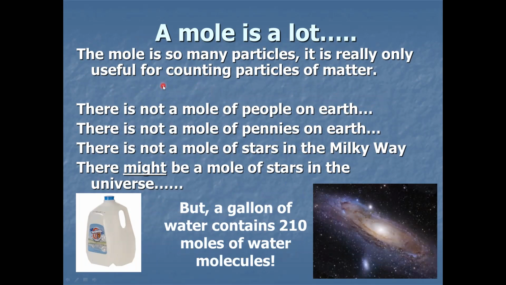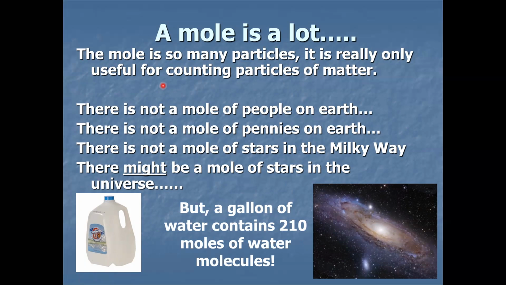A mole is so much that it really can't be used to count anything else. There is in no way, shape, or form a mole of people on Earth. There's not a mole of pennies around. The Milky Way doesn't have a mole of stars in it. But when you have a gallon of water, there are 210 moles of water molecules in there.